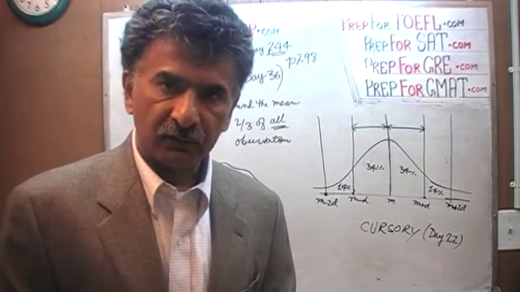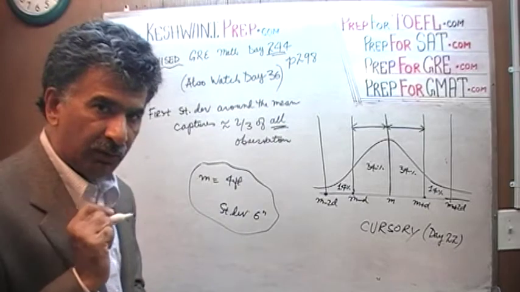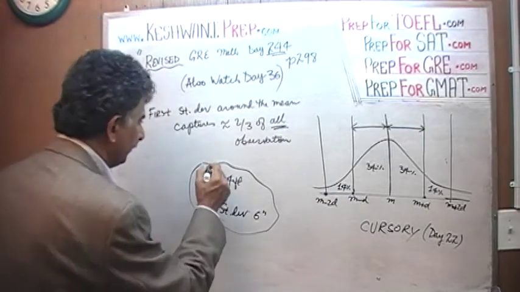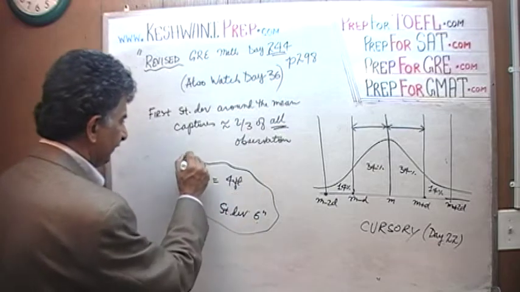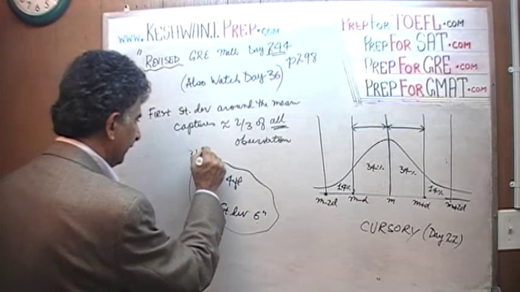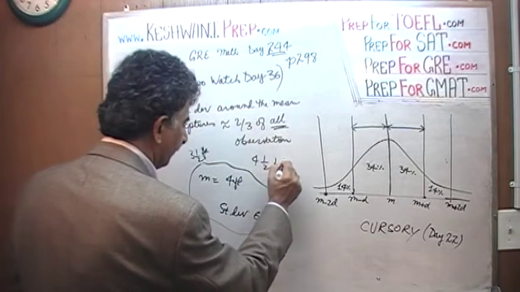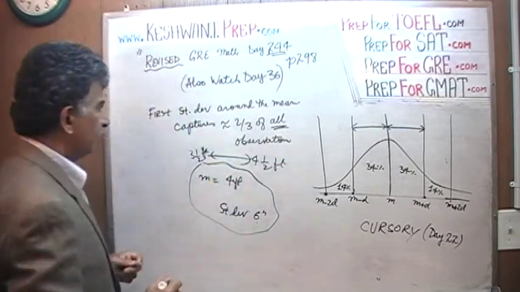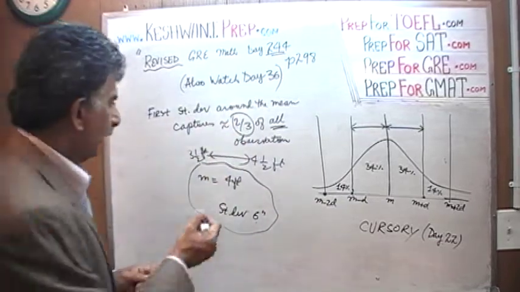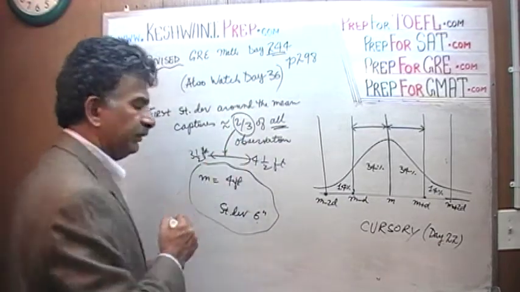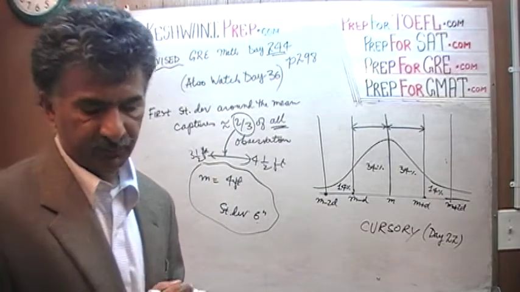So since this is a normal distribution, it tells us that 2/3 of all the kids are going to be between, this is 4 feet, this is 6 inches, 4 feet minus 6 inches is 3.5 feet, and 4 feet plus 6 inches is 4.5 feet. So that tells us that 2/3 of all the kids in the town are going to have height between 3.5 feet and 4.5 feet.